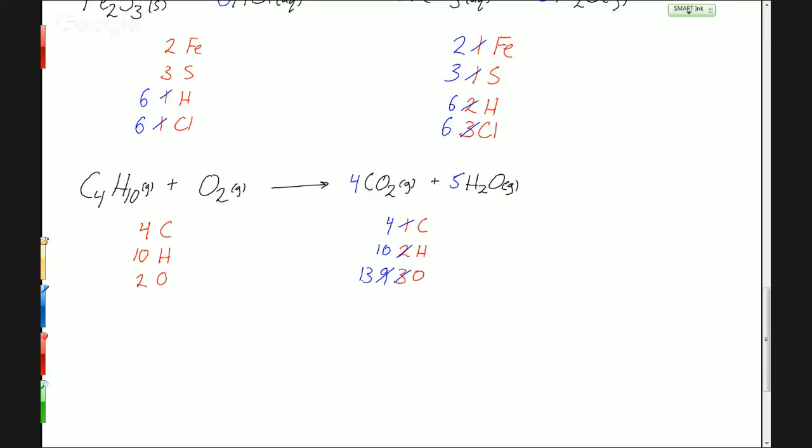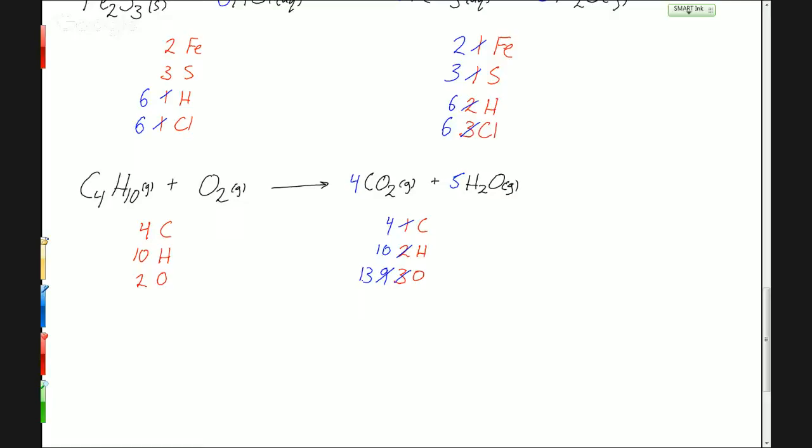I brought my carbons into balance, and I brought the hydrogens into balance. And each time I did that, I also messed with the oxygens. But now I have a situation where they've got 13 oxygens on the right and 2 on the left, but I can only change the left in terms of 2.